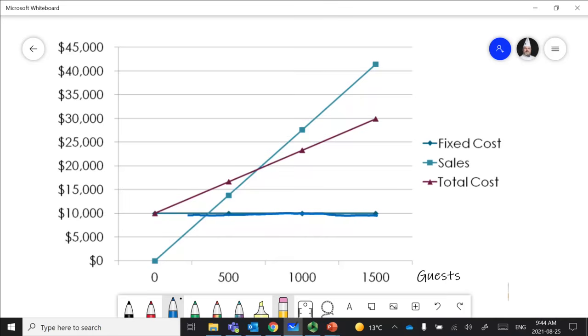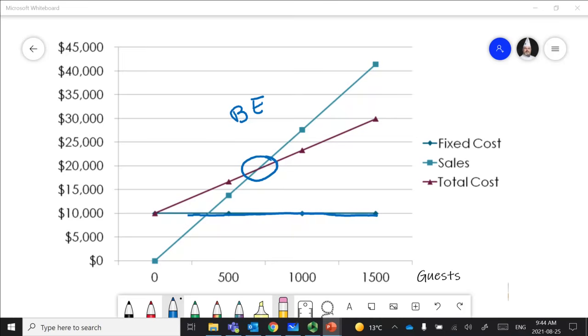And you'll notice there's a point here where our sales start to exceed our total costs, because this red line is our fixed cost plus our variable cost, right? So this point right here is called our break-even point. That's the point at which we are not making any money, but we're not losing any money either. So why is that point important?